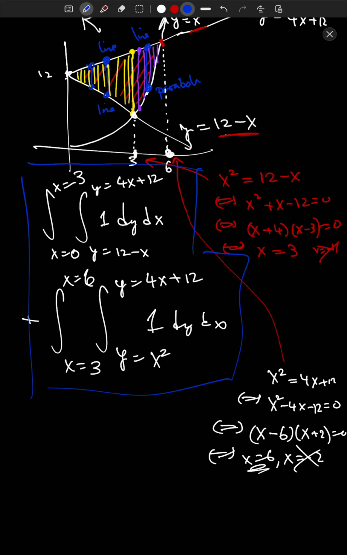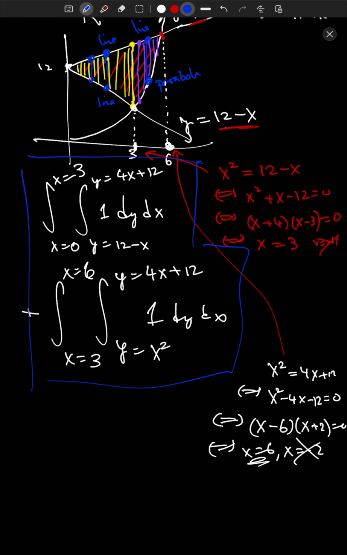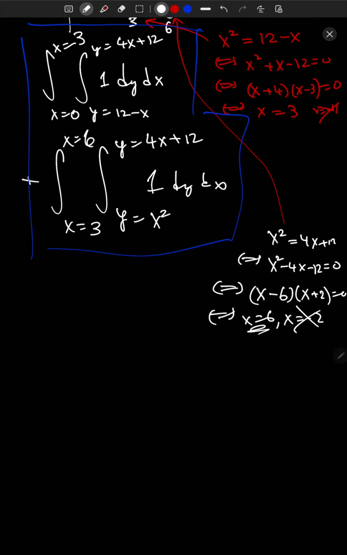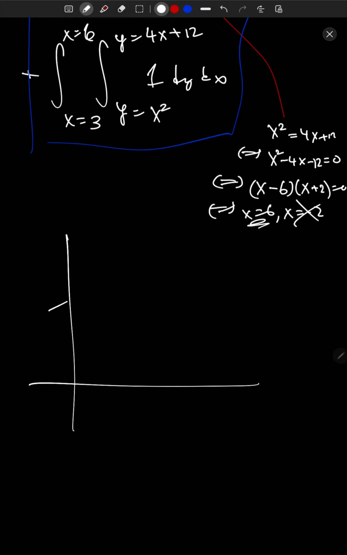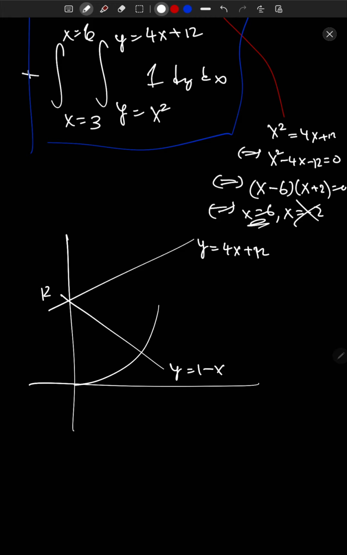Okay, notice here, if we wanted to integrate, let me draw the picture again. This one is y equals 4x plus 12, this one is y equals 12 minus x, and we have our parabola. If we wanted to integrate horizontally, we would actually see the same issue. Our integrals would be represented by horizontal lines.